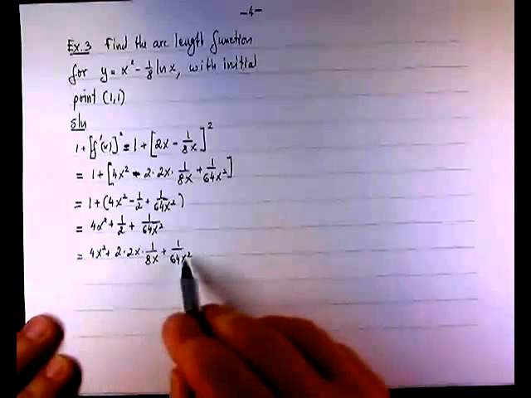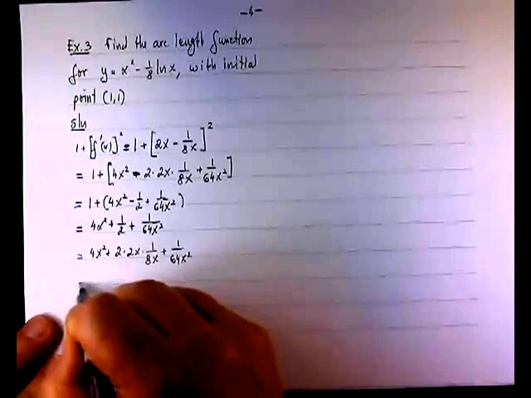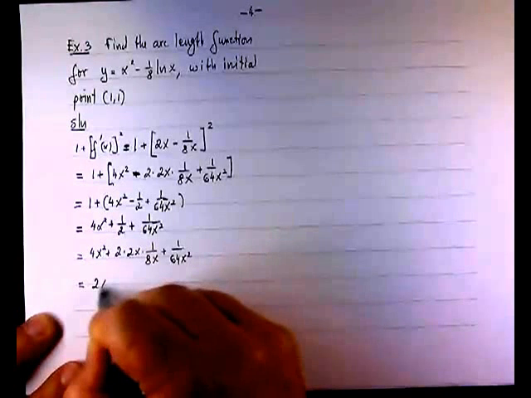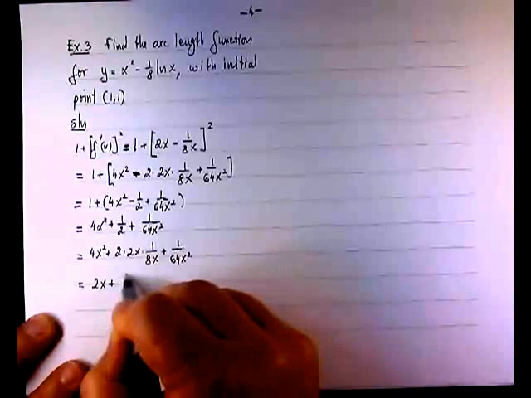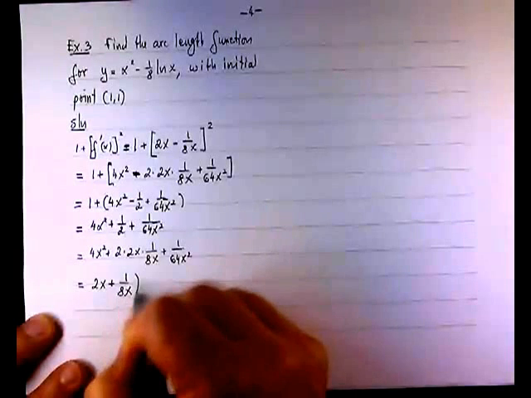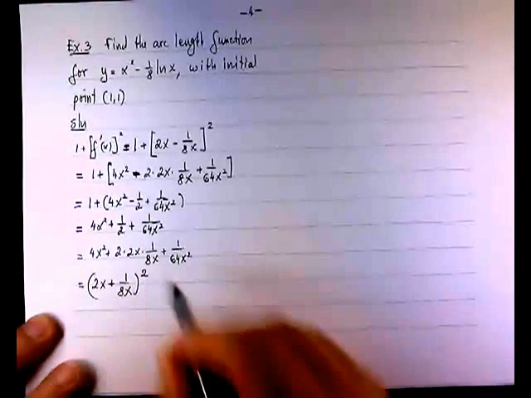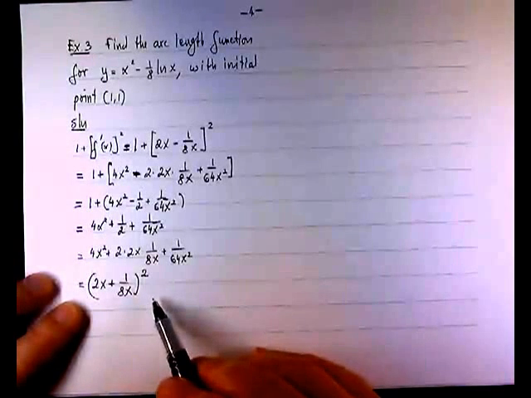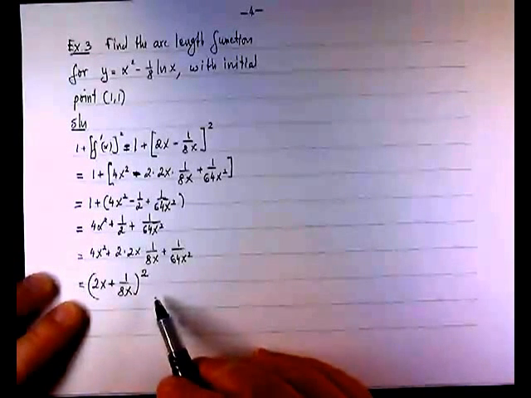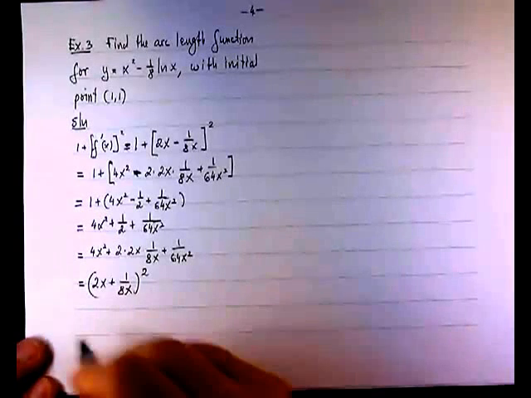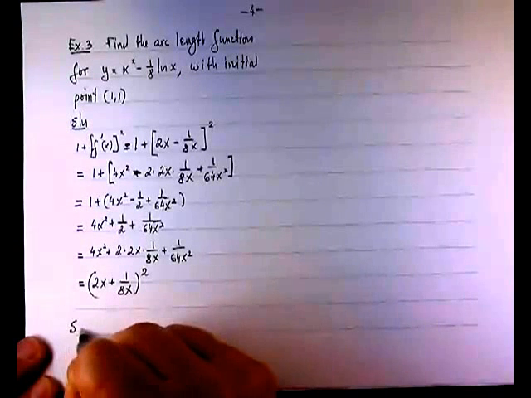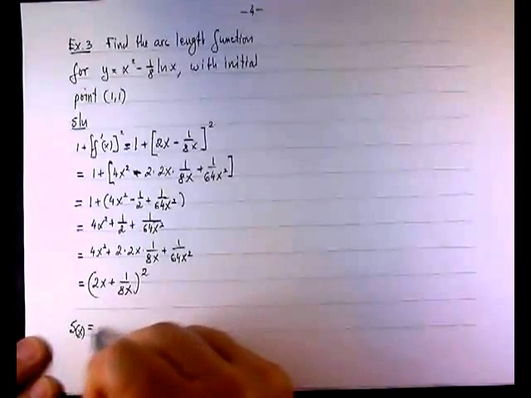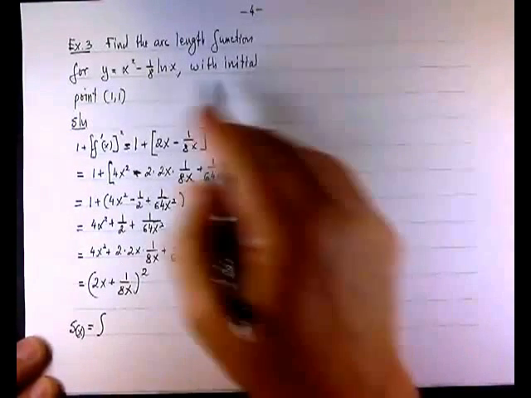You see, this is still plus 1/2. But what I have here is a squared plus 2ab plus b squared. So we have a square of a binomial: 2x plus 1 over 8x, squared. And this is good because, remember, this is the radicand of the function. So it's very, very good results for us.